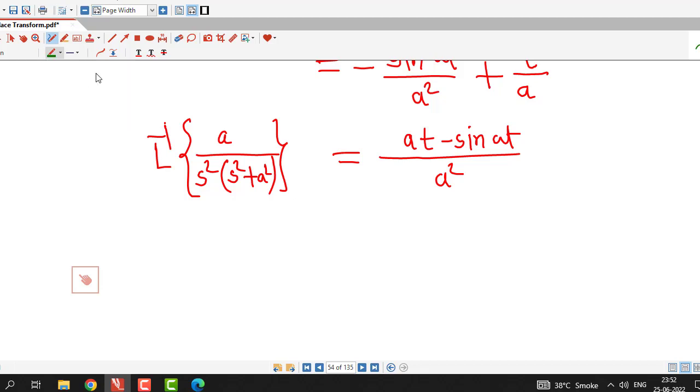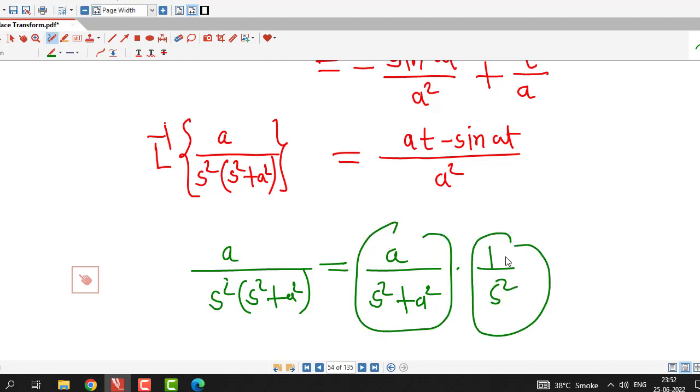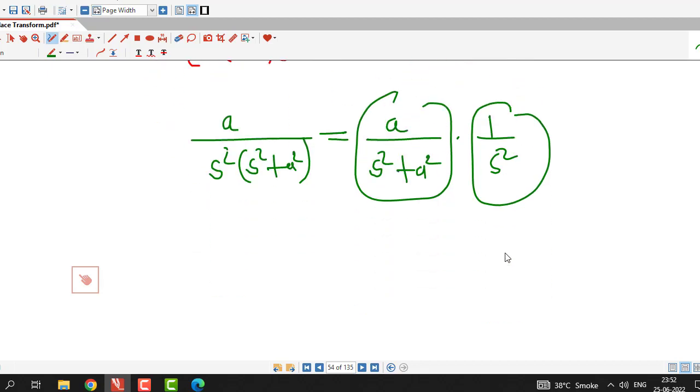So what we have done here, we have written our function as product of two functions, a divided by s square plus a square into 1 by s square. This we call as capital F, this we call as capital G, and then we obtain inverse Laplace transform of these two functions. Here it is sin at, here it is t.